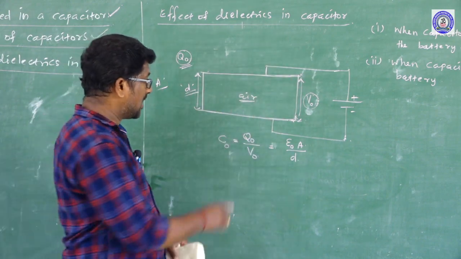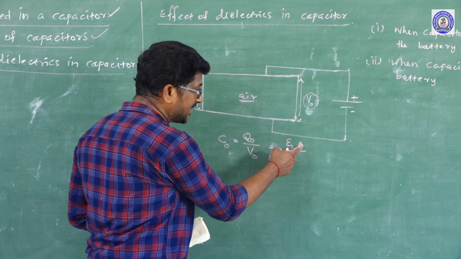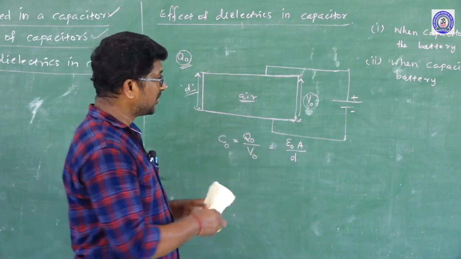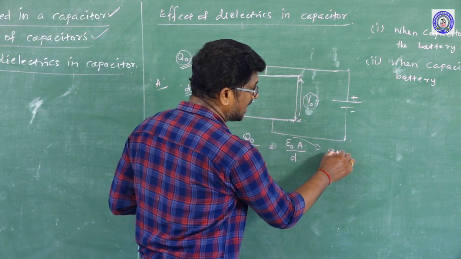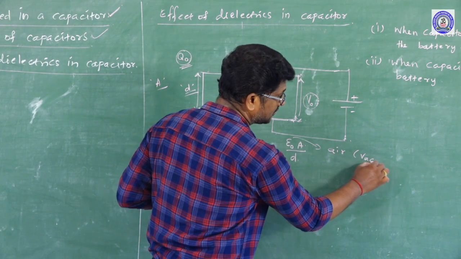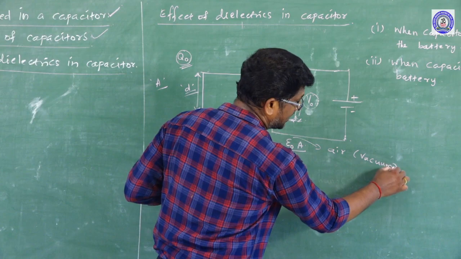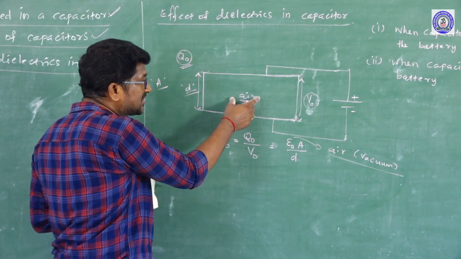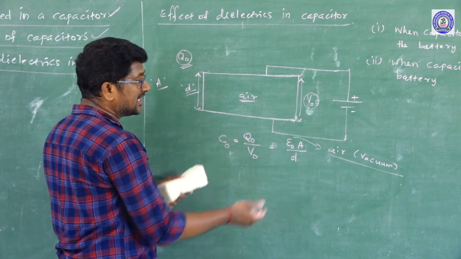And another expression, epsilon naught A divided by D. Epsilon naught is the permittivity of free space. Permittivity of free space refers to either air or vacuum.